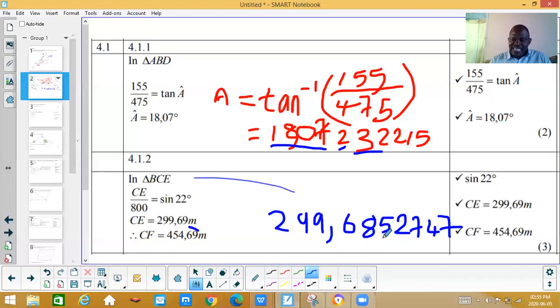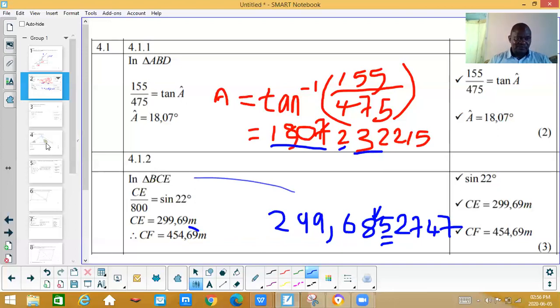So you need to round off to 2 decimal places. You look at the third decimal position, which is 5. This 5, you round it off by adding to this one so that it becomes a 9. So we have 299.69. That will be our answer.